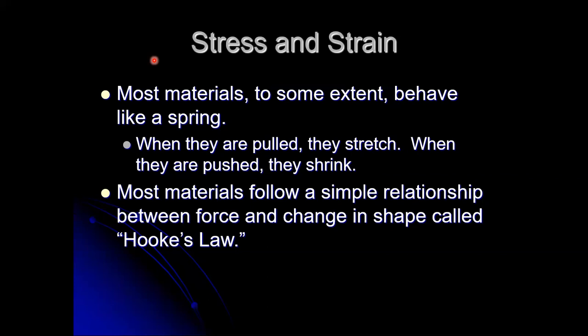Hooke's law says that for every pound of force that I apply to a spring, I'm going to get a certain fraction of an inch of length change. So if I put 10 pounds of force on it, I'm going to get 10 times more elongation than I get out of 1 pound. It's a nice simple proportionality.